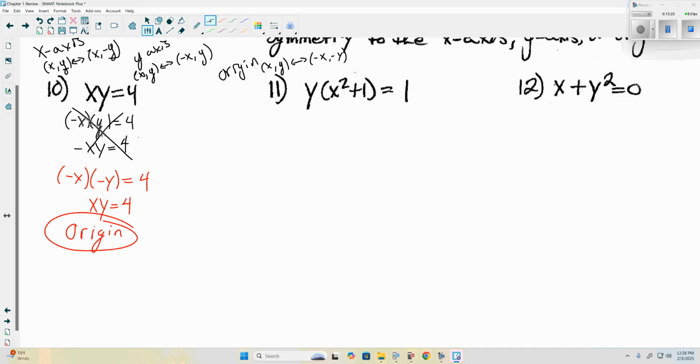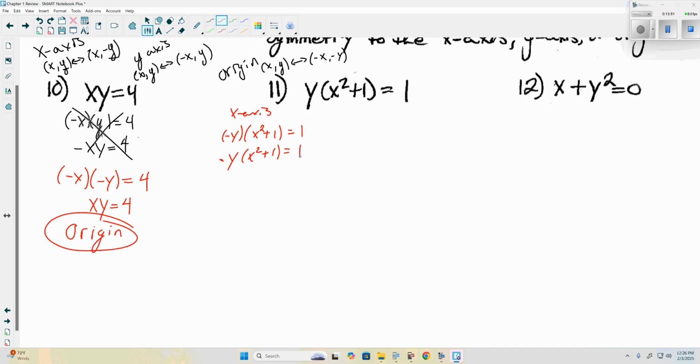We can look at 11. Y times x squared plus 1. So we can start off with x-axis. So we're going to replace y with negative y. So it just tells us that we have negative y times x squared plus 1 is equal to 1.